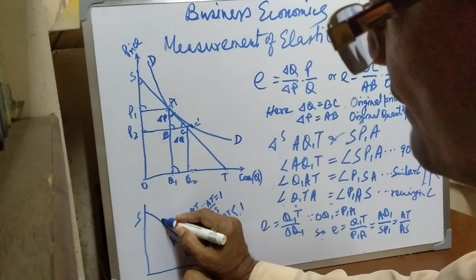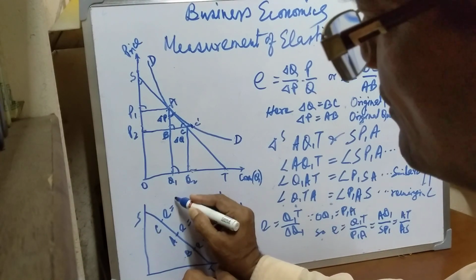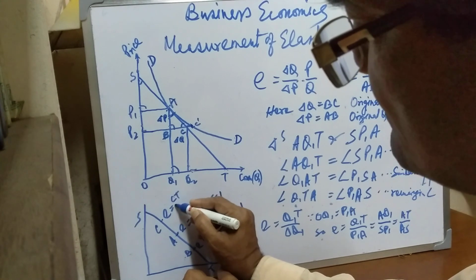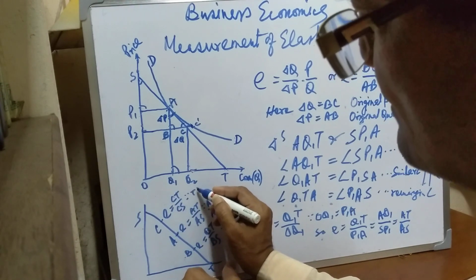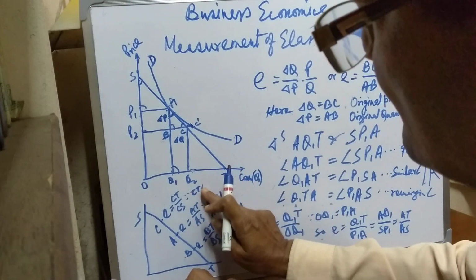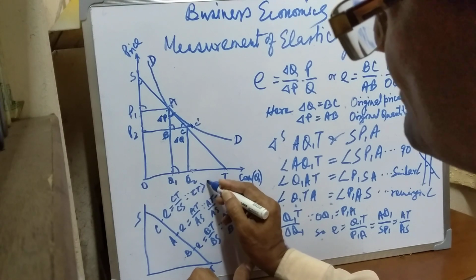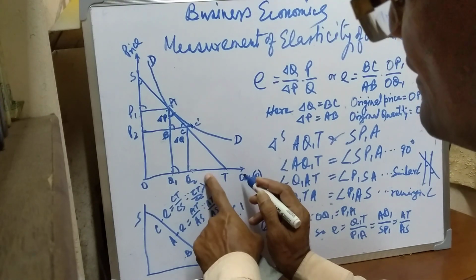Again, at point C it equals CT by CS. As CT is greater than CS, CT by CS is greater than 1.